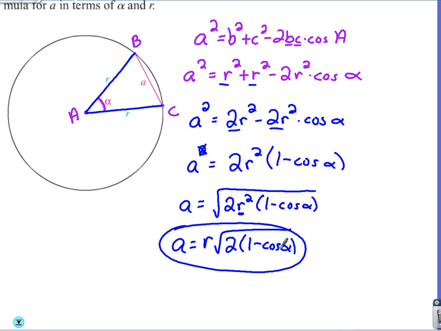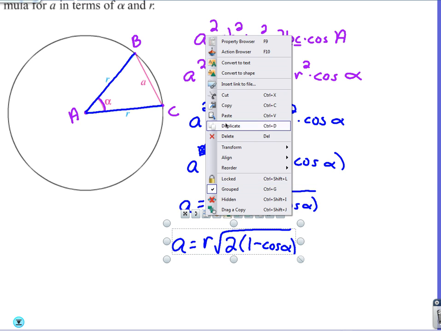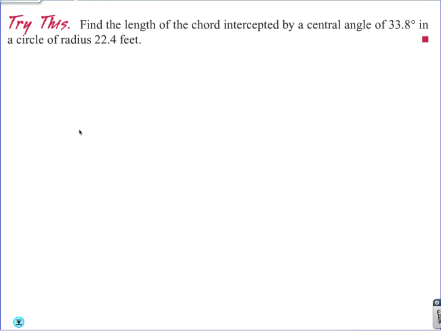So as you're working through these problems, if you notice the answers are different from what you're getting, there's a possibility they used an identity to simplify it. But we're fixing to work a problem on the next page that involves this formula we just made up. So let me copy it, and on the next page, paste it, so we can use it.